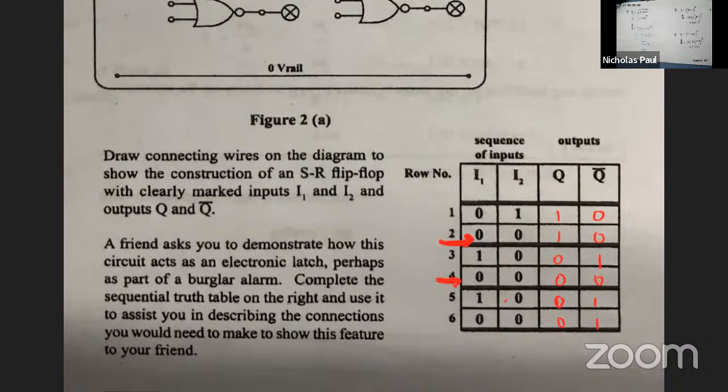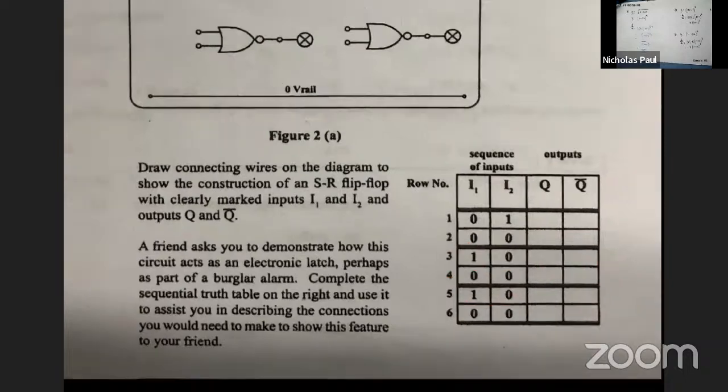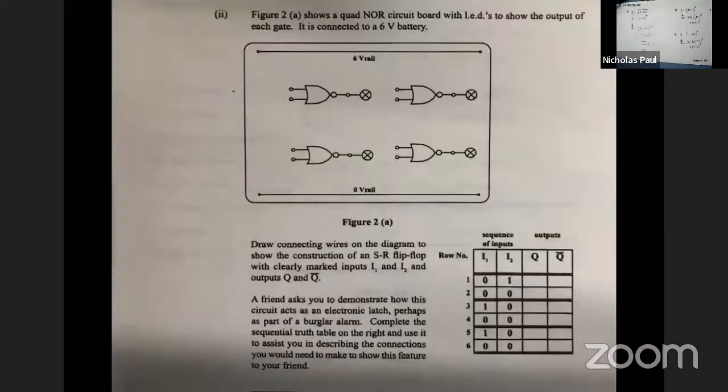The thing is, they didn't change anything. Right? This is the same output as this. So these two are supposed to have the same output. That's okay? Okay, nice. So that is it for flip-flops. Right? There's a NAND flip-flop somewhere, but I can't remember what year it is. But there is a NAND flip-flop somewhere.